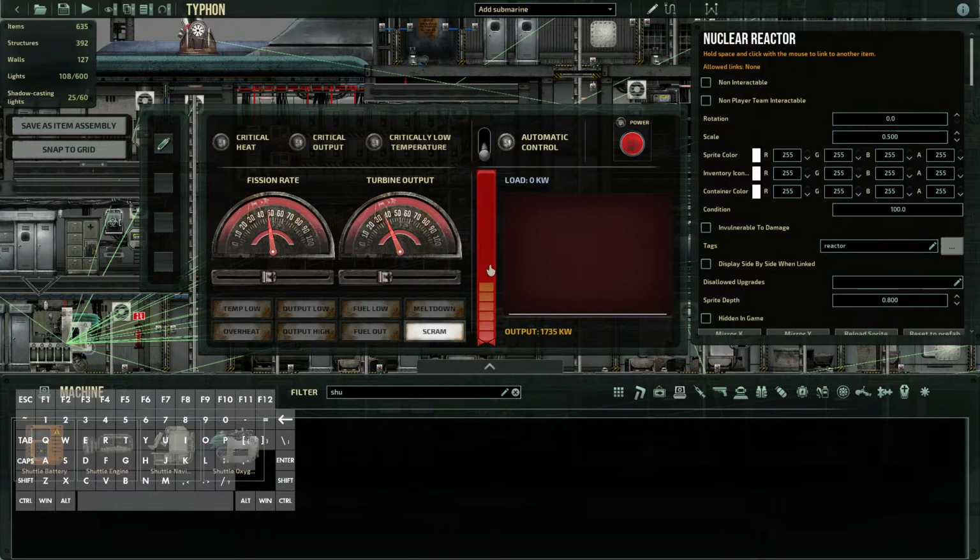I think the thresholds are 3,000, 6,000, possibly 4,000, 6,000. The point is that anything lower doesn't matter if you have a decent reactor controller because it's going to keep it online. But if it goes over 6,000, these timers start going.